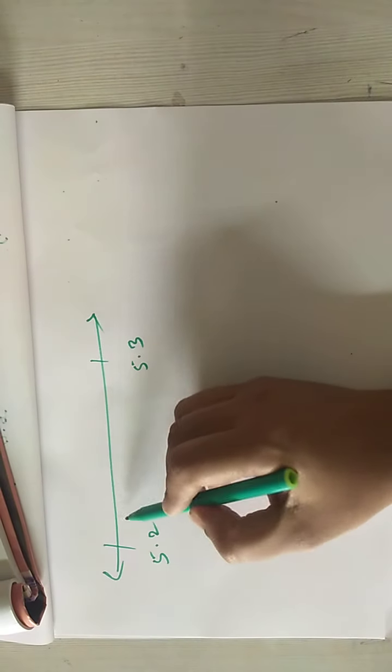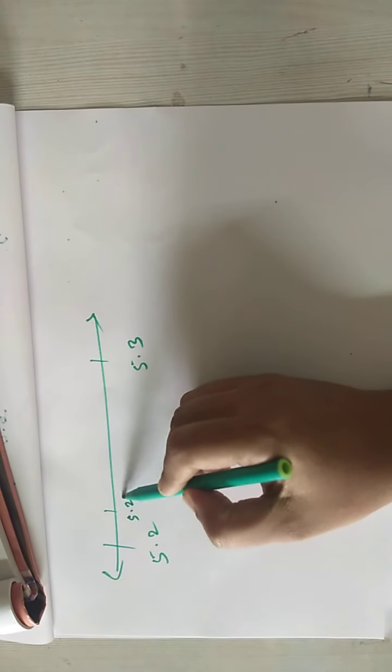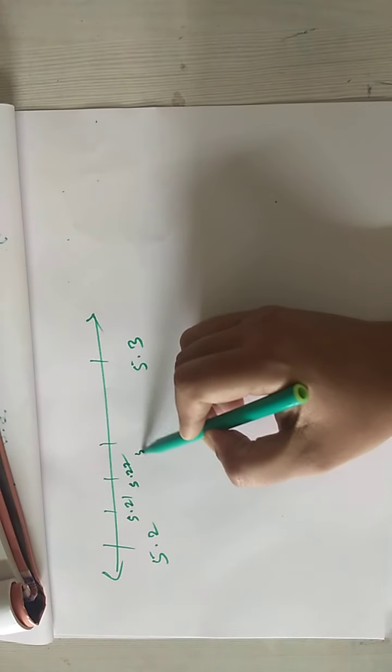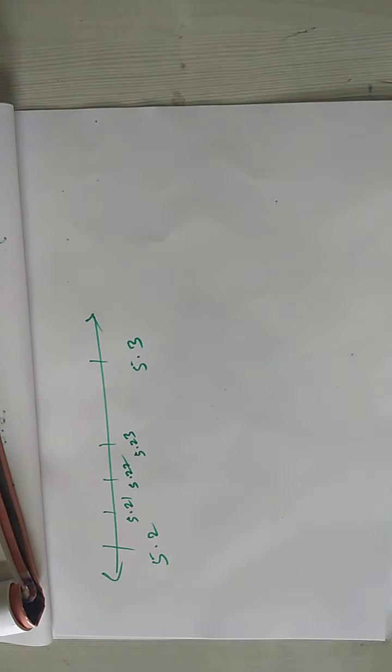You have 5.21, 5.22, 5.23, 5.24, 5.25 and so on. Infinitely many numbers are there. All you need to do is get hold of any three numbers between them.